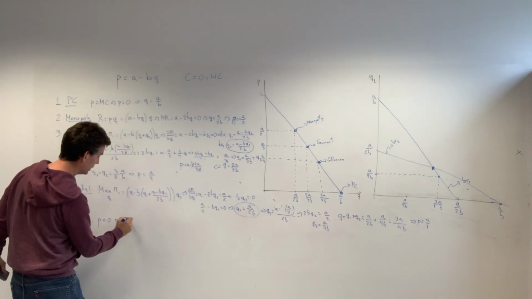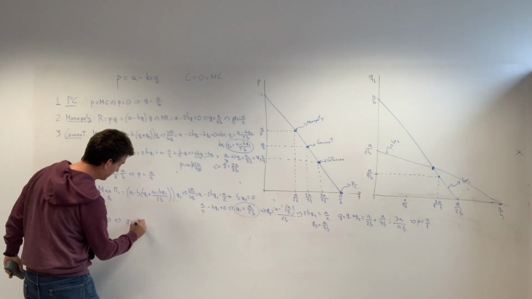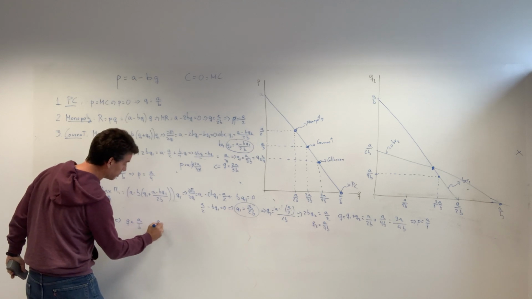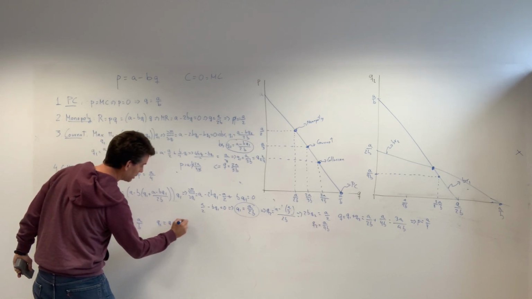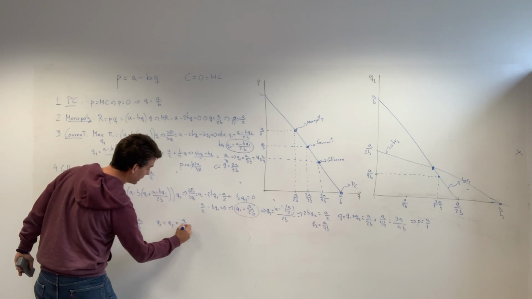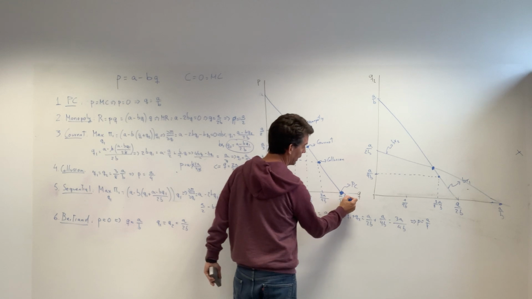Price equals 0, the total quantity is going to be A divided by B, but each firm is going to produce half that quantity. So Q1 equals Q2 is going to be A divided by 2B. Here we will be also here under Bertrand.